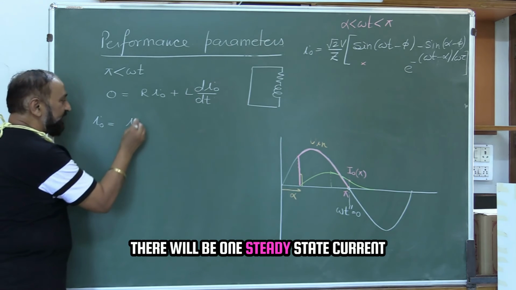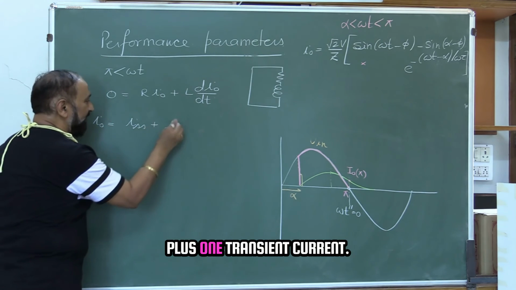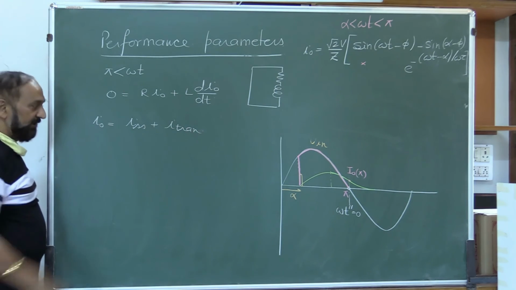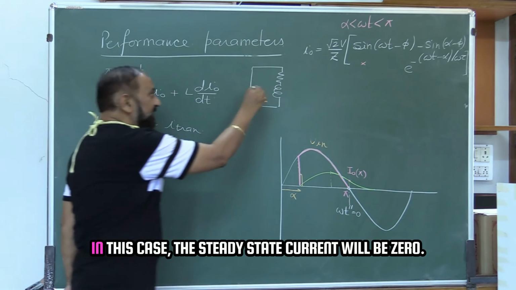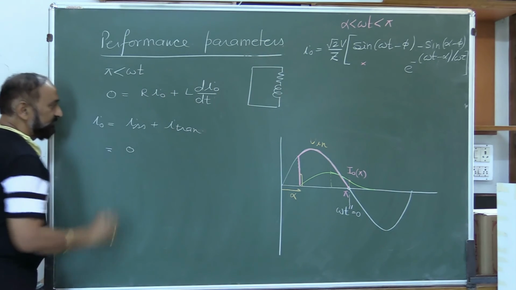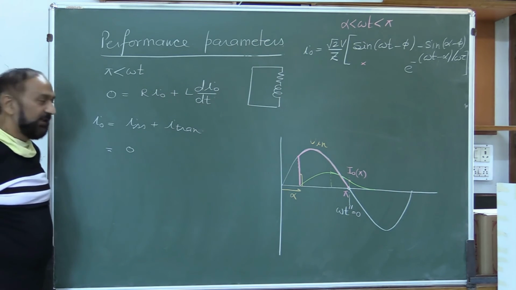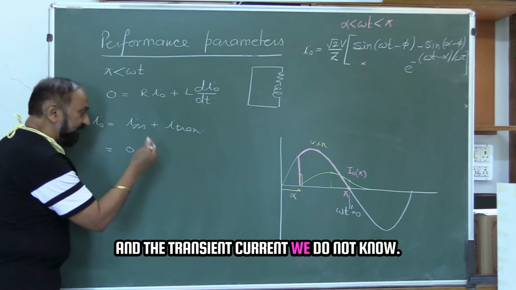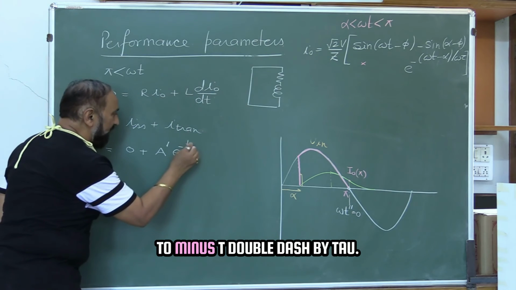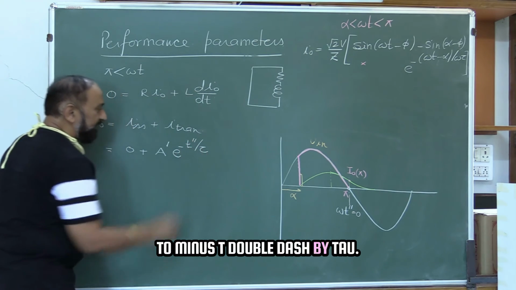There will be one steady state current plus one transient current. In this case, the steady state current will be 0. And the transient current we do not know. We can say it is A dash e raised to minus t double dash by tau.